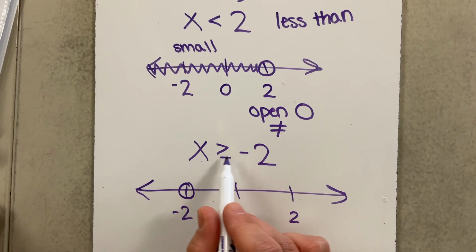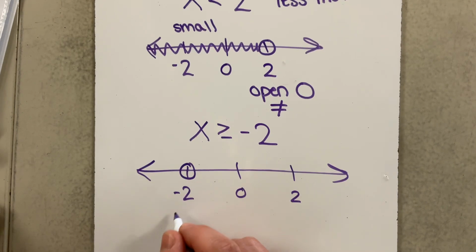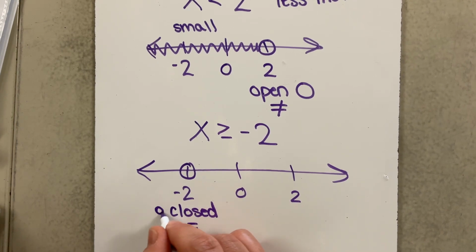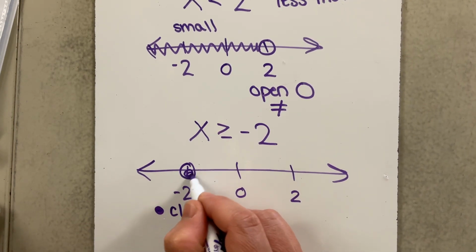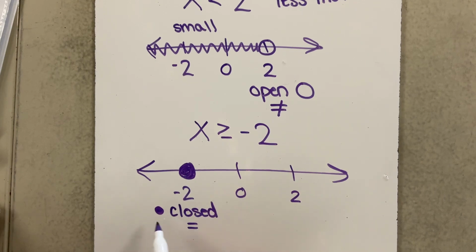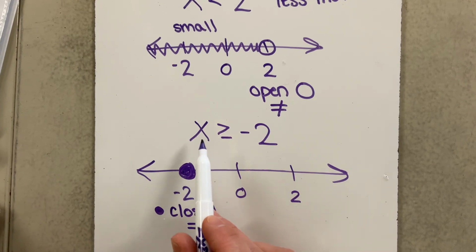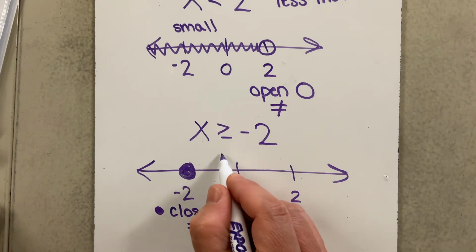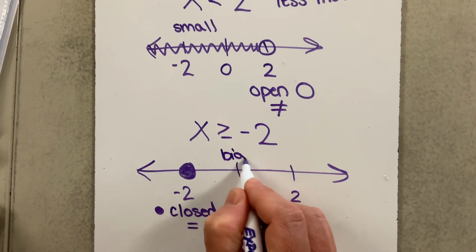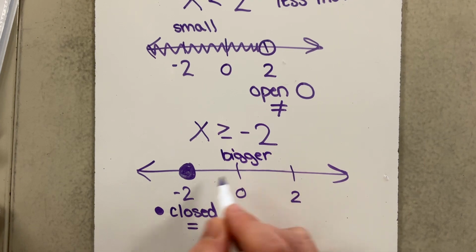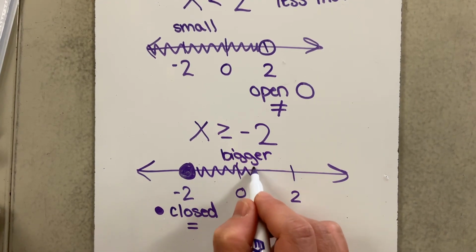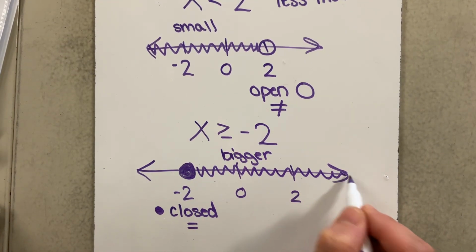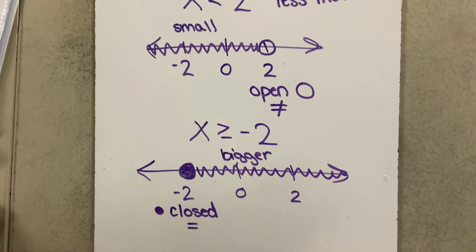Because it has this line underneath, it means that it is closed, because yes, it could equal. So we're going to do a closed circle, which means we're going to fill it in, because it could be equal. Now this time x is on the big side, so we're going to go towards the bigger numbers. So we're going to go this way because we want to go big.